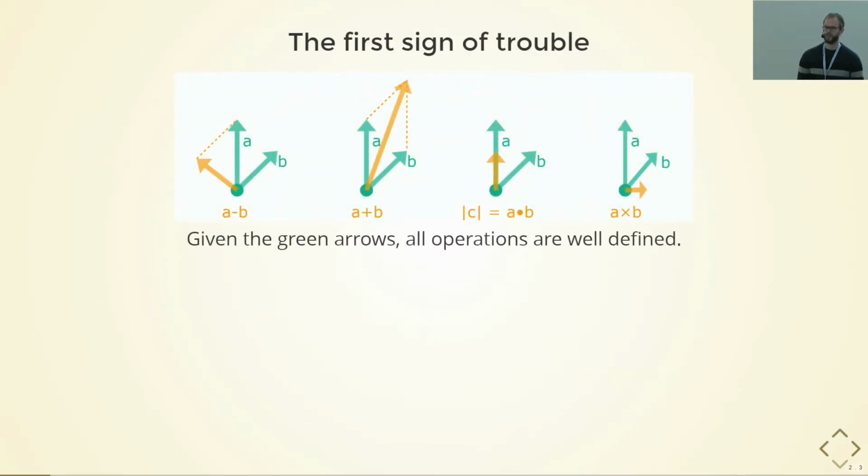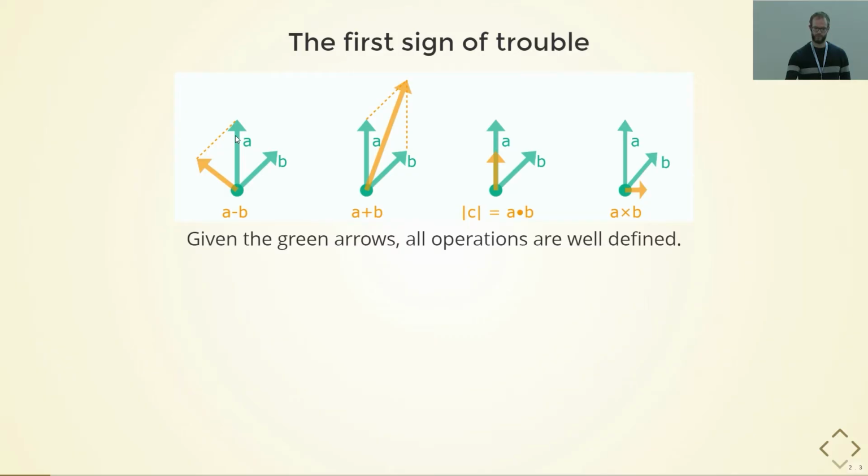But there is a first sign of trouble here when we use vectors for everything. And this also relates back to what Steven talked about in his first talk. So if you use vectors to represent everything, so for example, I use arrows for everything, pointing at the things I want to represent.